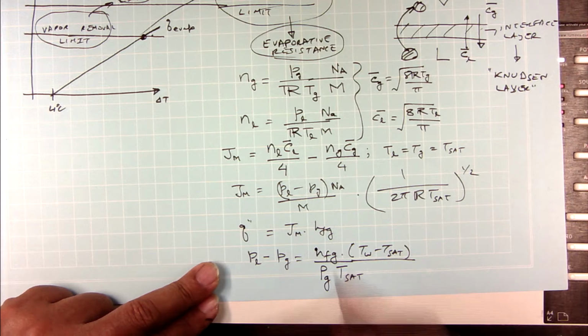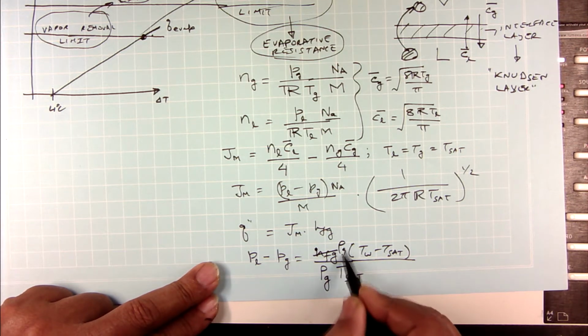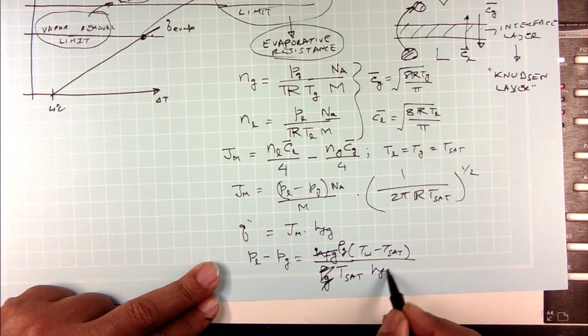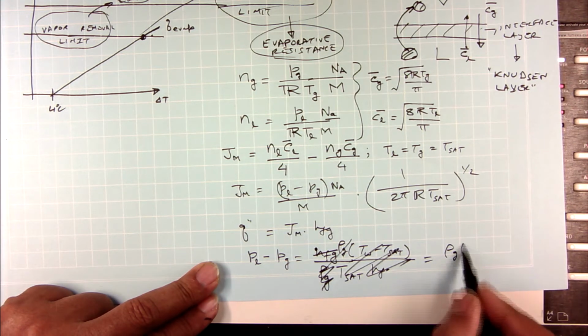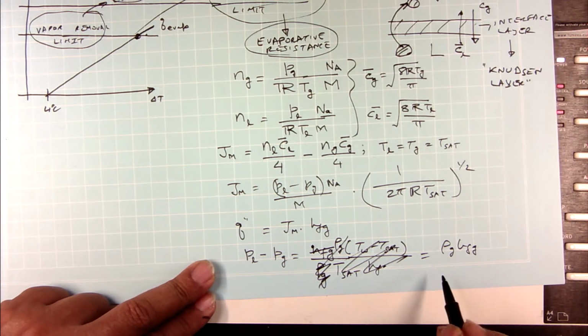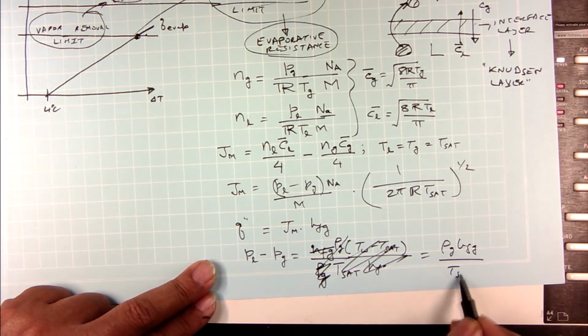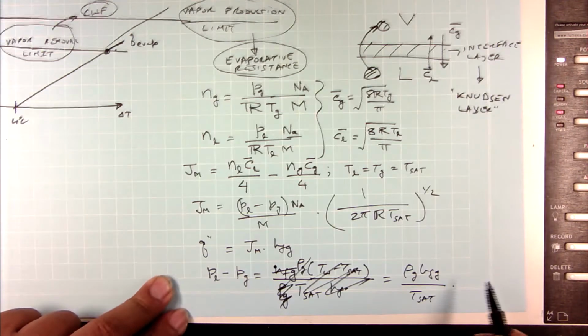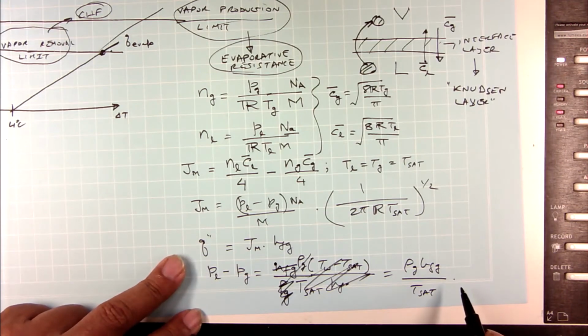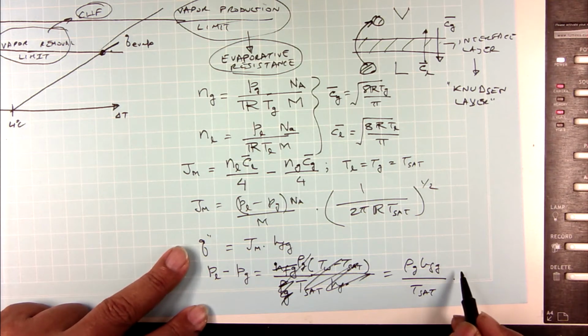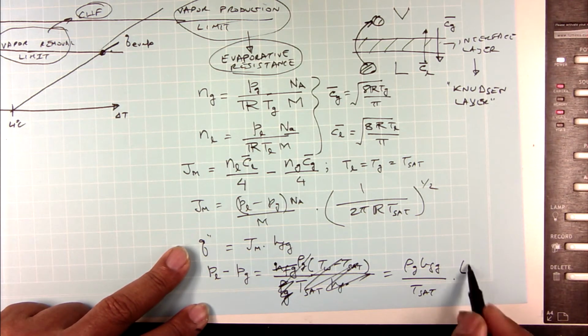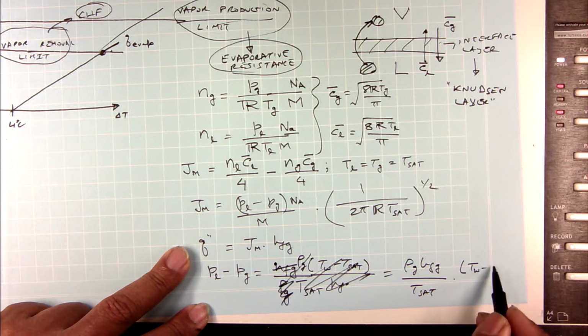Okay. Rho g HFG by T sat, nothing else. There should be a delta T, right.